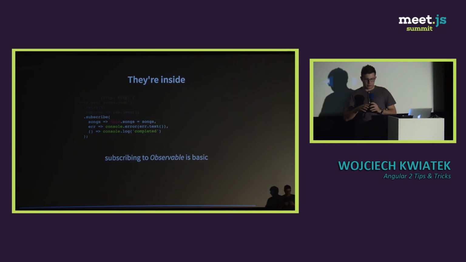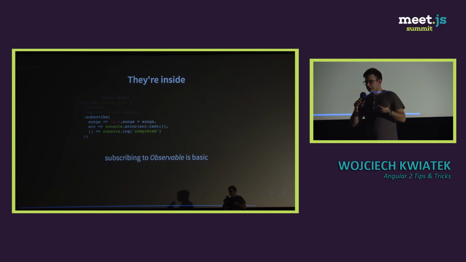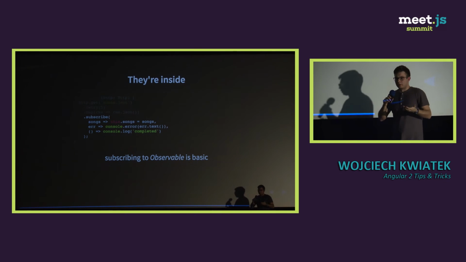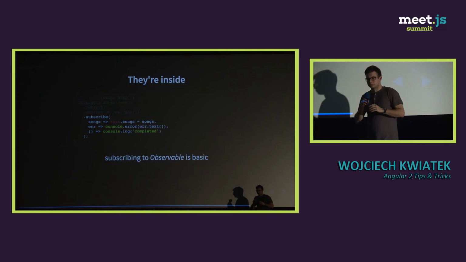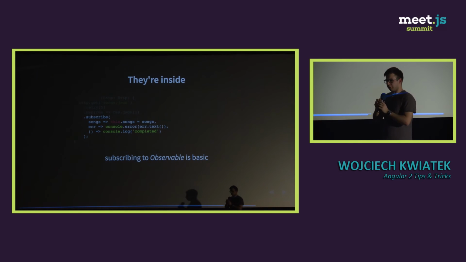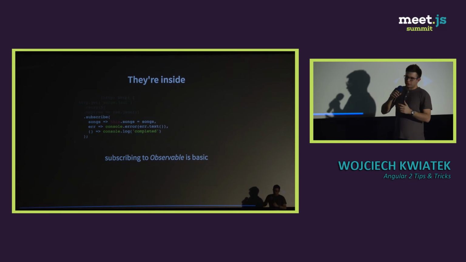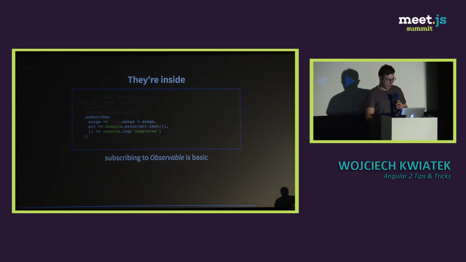And one of the things that are included in Angular is the HTTP service. Like it was before, in AngularJS, there was HTTP, which was, in fact, a promise. Now, in Angular 2, HTTP is observable by default. And we can make use of it, so subscribe to the HTTP GET in this case.